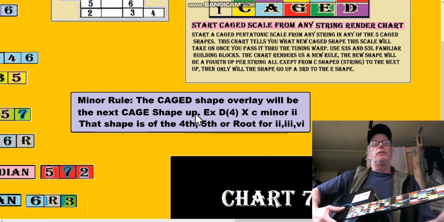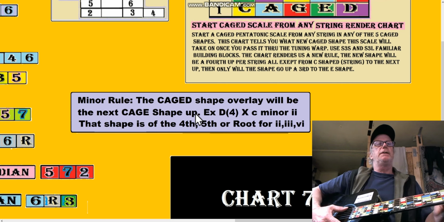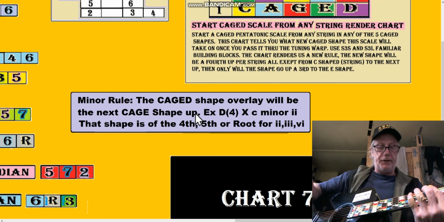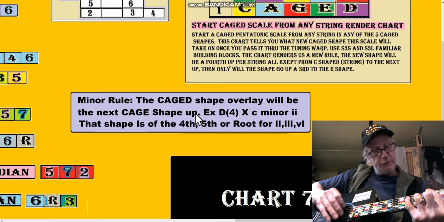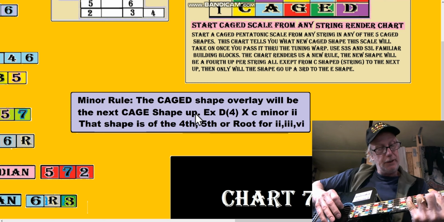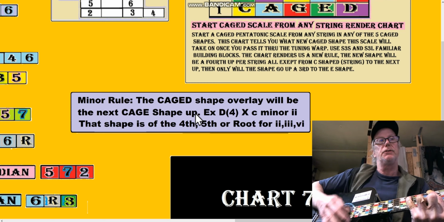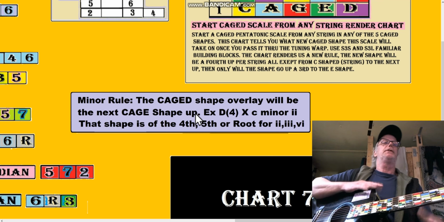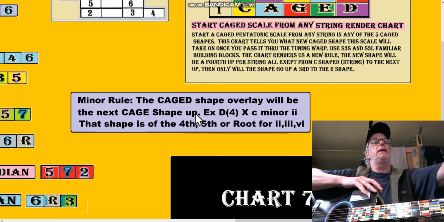Now, of course, CAGE works in all keys. Let's say we just move the whole thing up, so instead of the C-shaped C, we've got a C-shaped C sharp. You could consider the pentatonic scale then in C sharp.